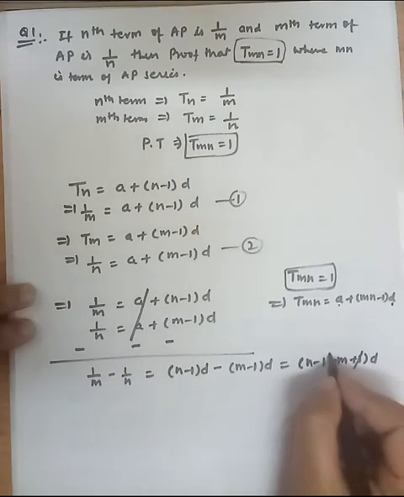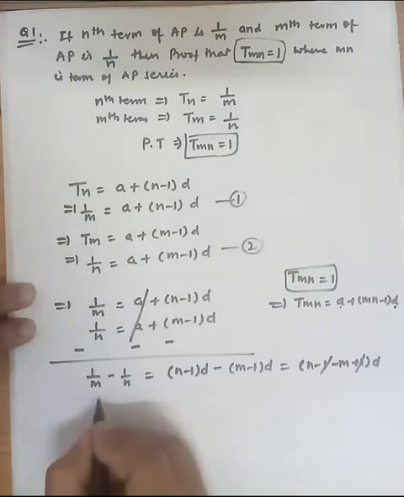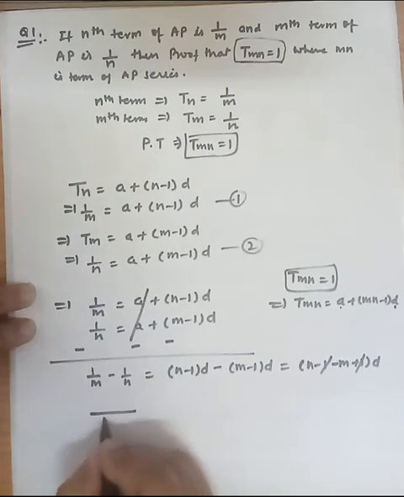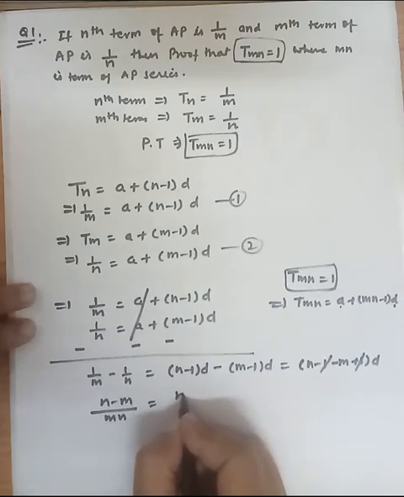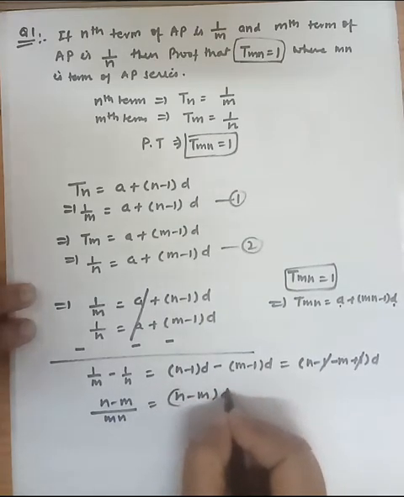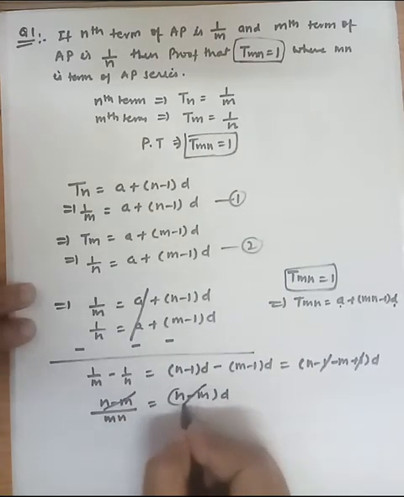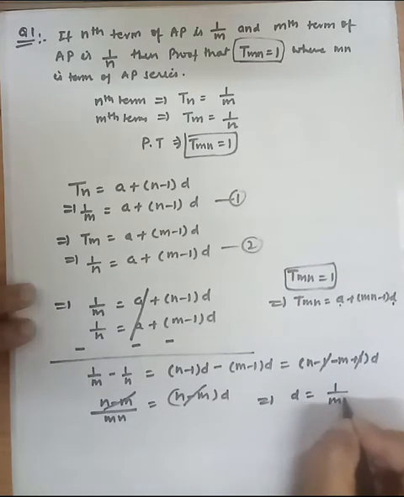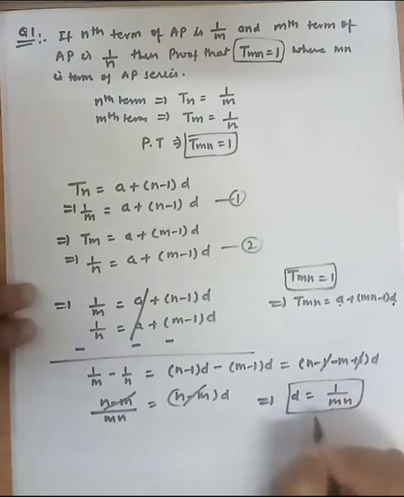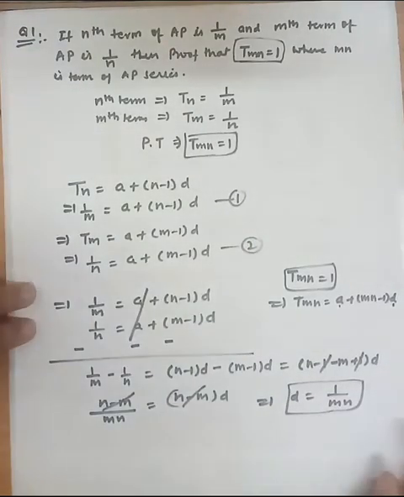So minus 1 and plus 1 cancel out, and taking the LCM, there is n minus m d. So n minus m is also cancelled out, and we get d equal to 1 upon mn.